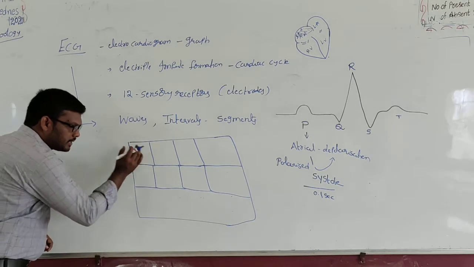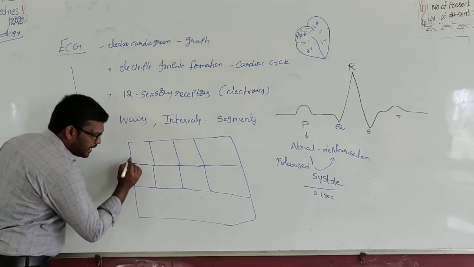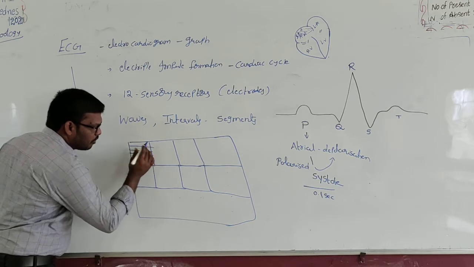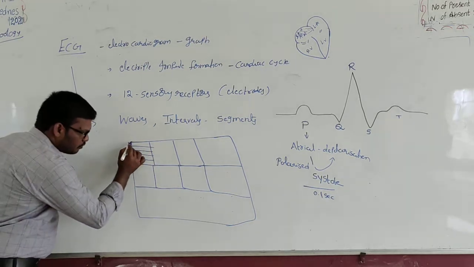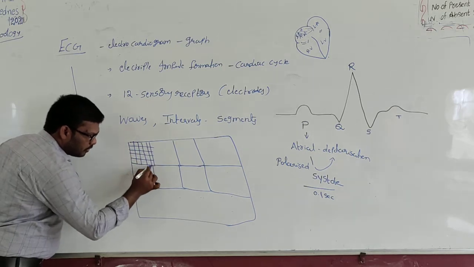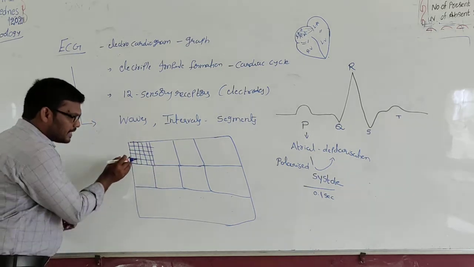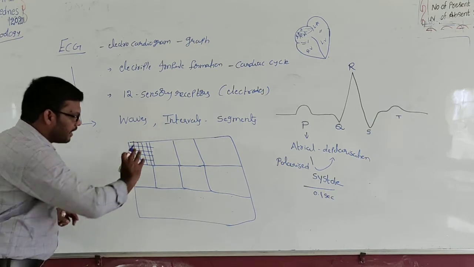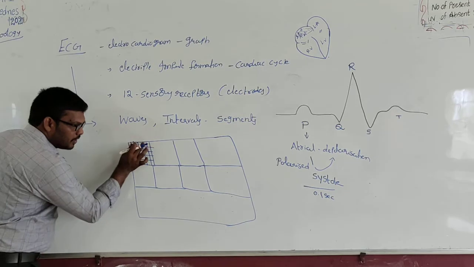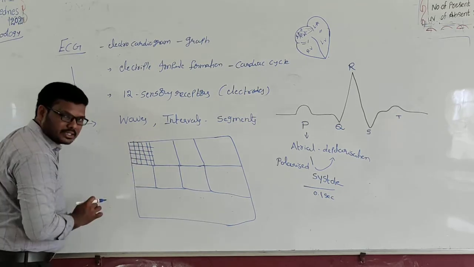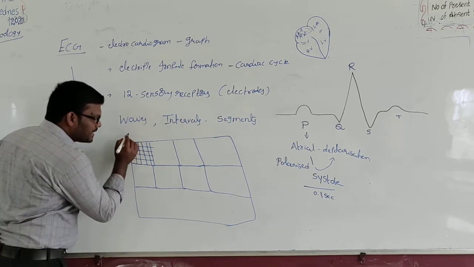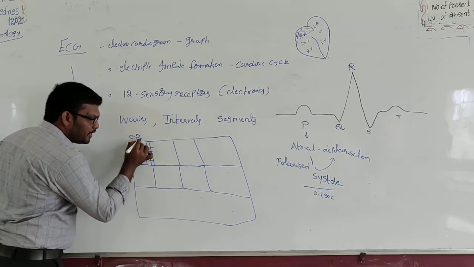In this big square, there are 5 columns, 1, 2, 3, 4, 5, horizontally 5 and vertically 5 for a single square box. Now, the total square box, moving across it takes 0.2 seconds.